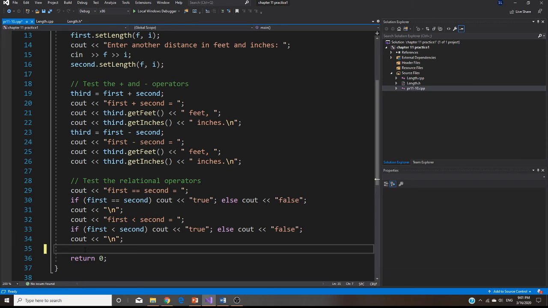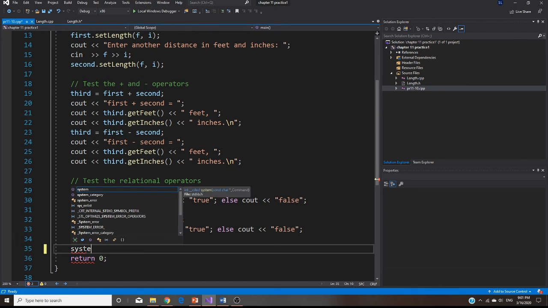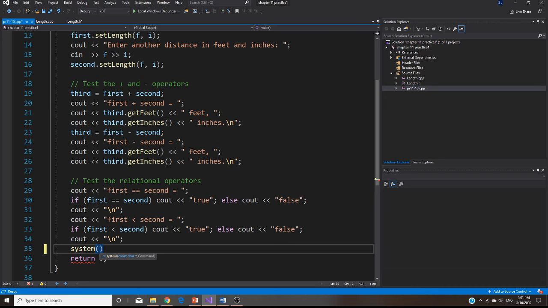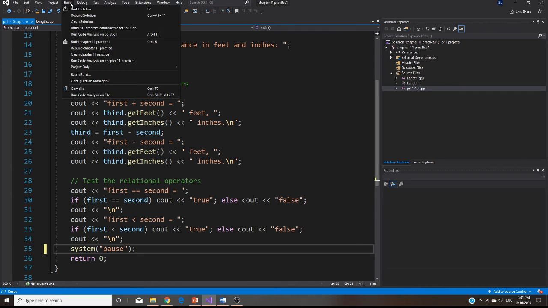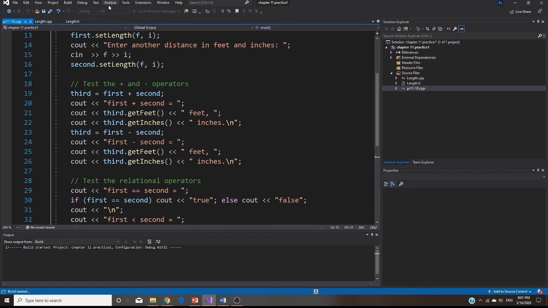All right, so I'm going to run it for you right now. Let me run this program with you. So I build it, and I start without debugging.